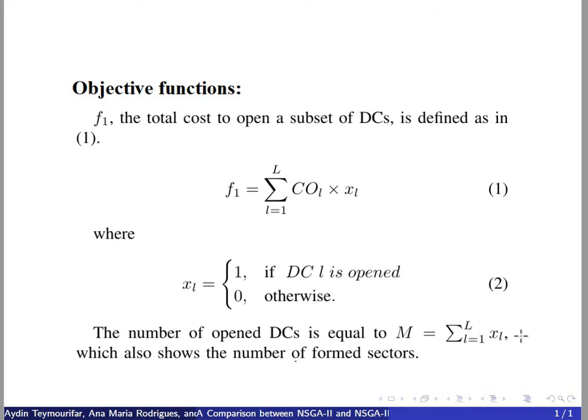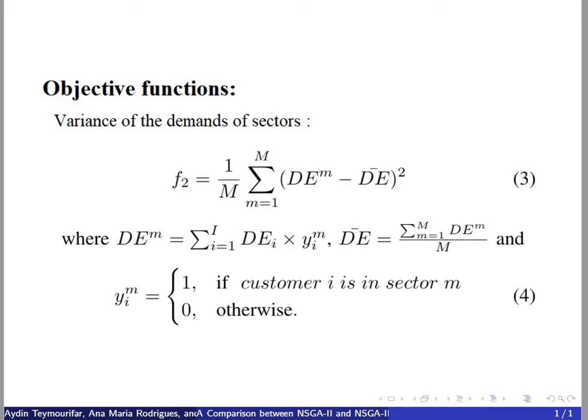The sum of XLs is equal to M, which is the number of open DCs and also the number of formed sectors. The second objective function is the variance of the demands of sectors, defined as in equation 3 based on this decision variable.